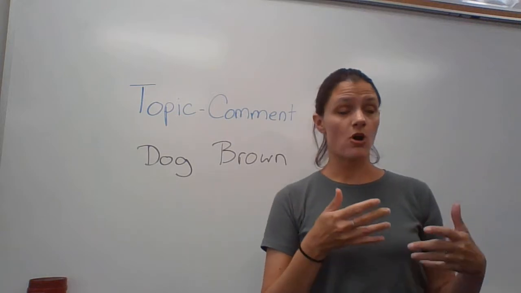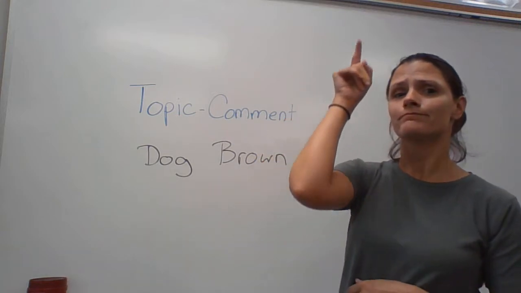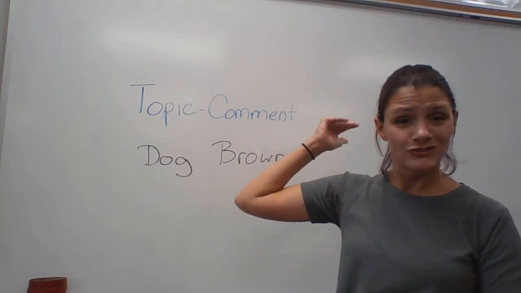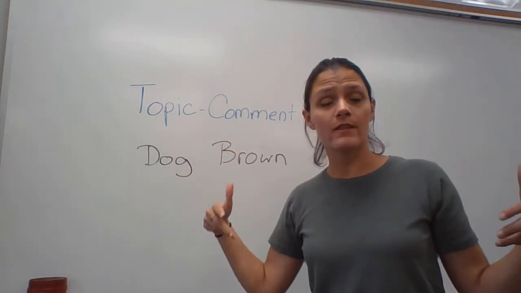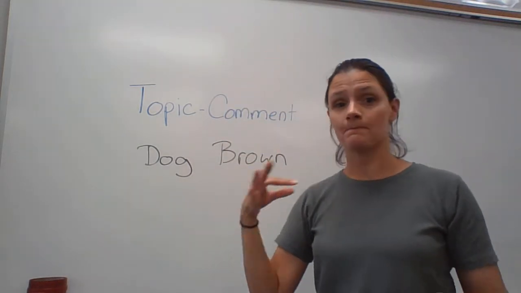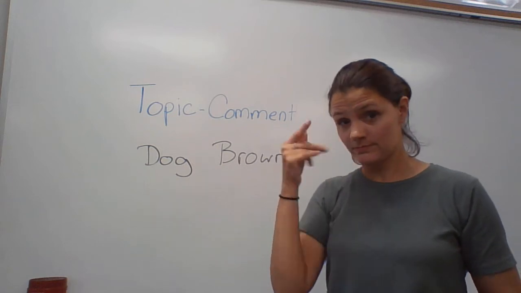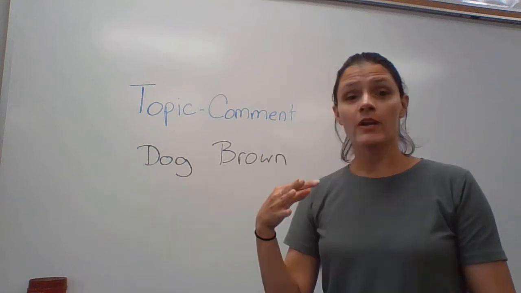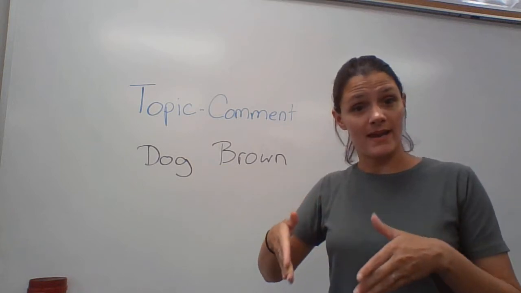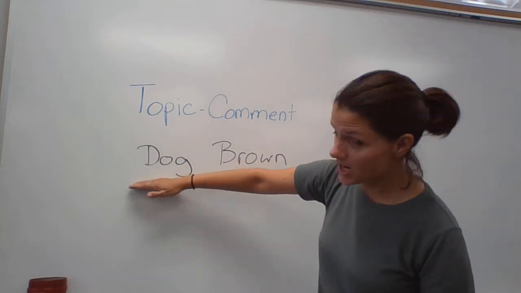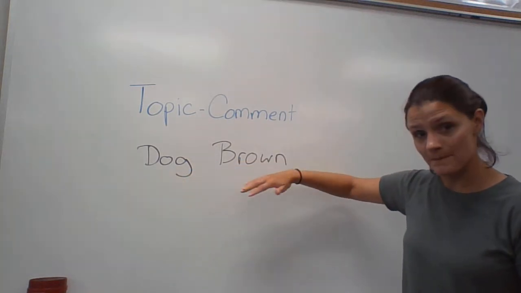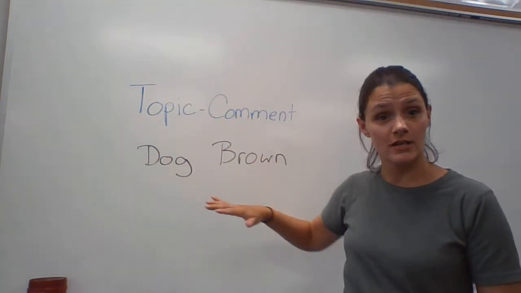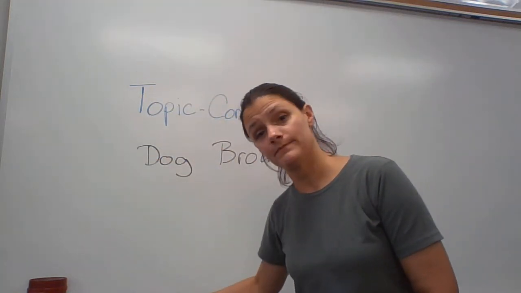Same thing when we were talking about people. The man over there that is tall and overweight. His shirt is black, his pants are blue. I have to have the topic before I can tell you anything about the topic. This is going to be formal ASL structure.